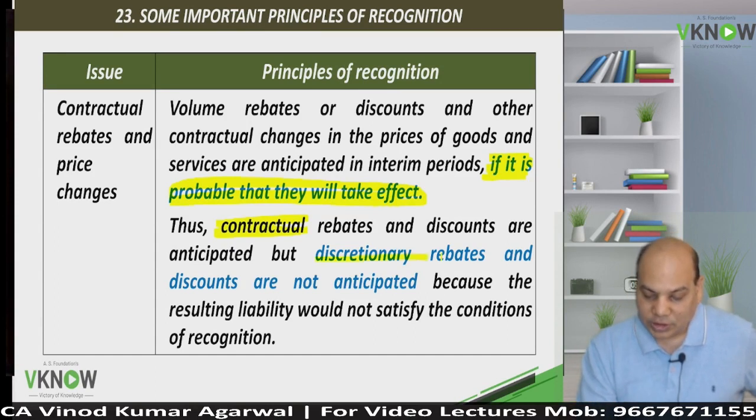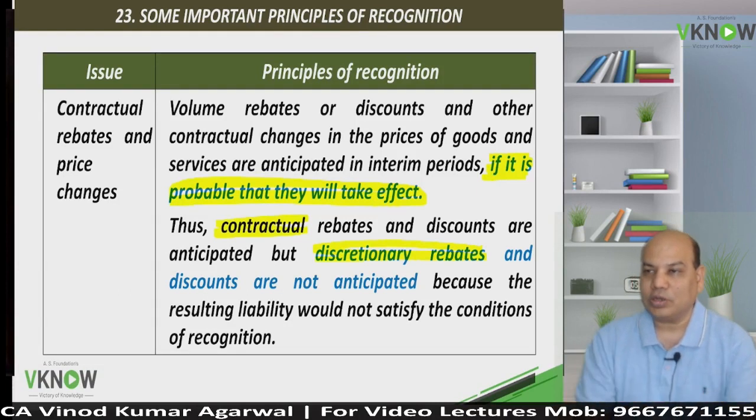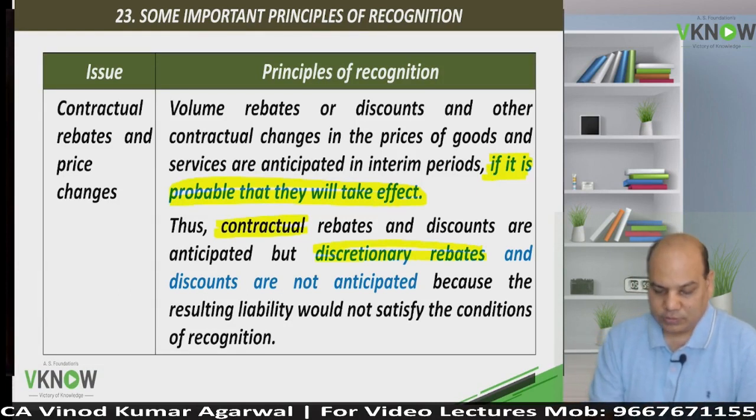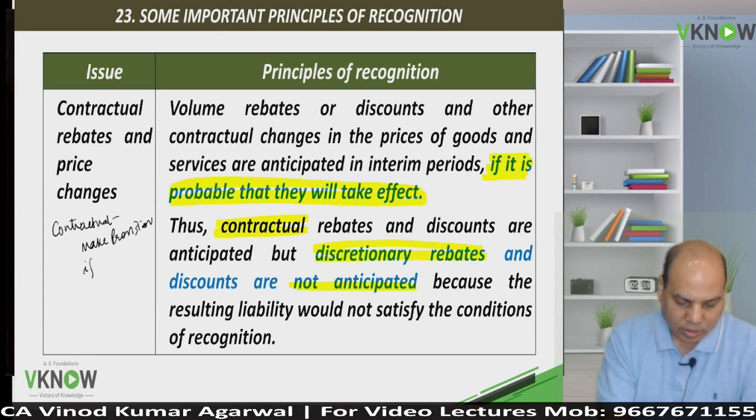If it is discretionary rebate, discretionary means at the discretion of the company. They may not. There is no legal or contractual binding obligation. Then they are not anticipated. So the summary of this paragraph is, if it is contractual, make provision if it is probable.